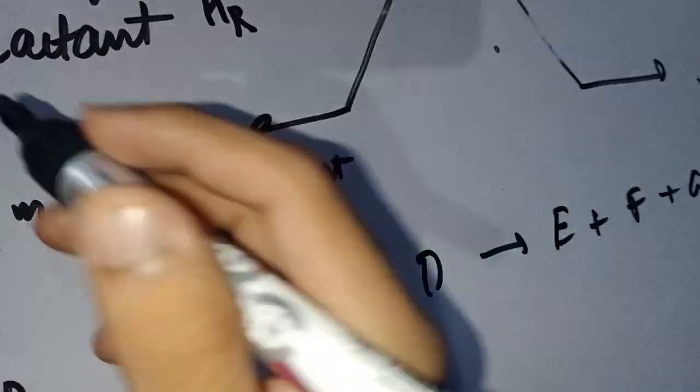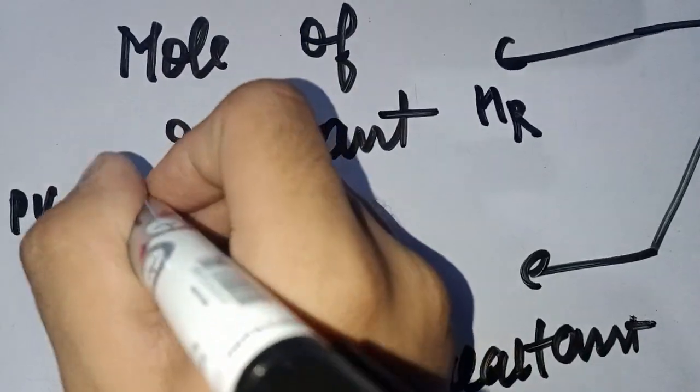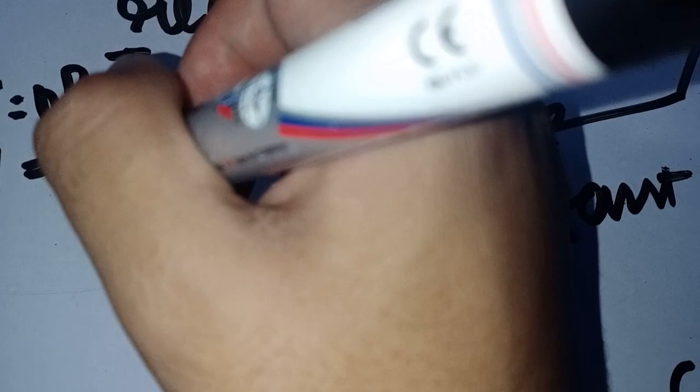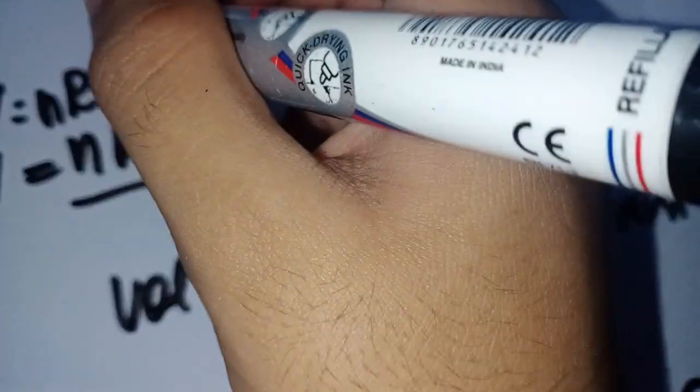So we'll reach here. Now comes the case where we are given volume of reactant. We all know the universal gas equation, universal gas law. So PV equals nRT, hence n equals PV by RT. So if we are given volume of reactant, volume can be multiplied by P upon RT, equals number of moles of reactant.